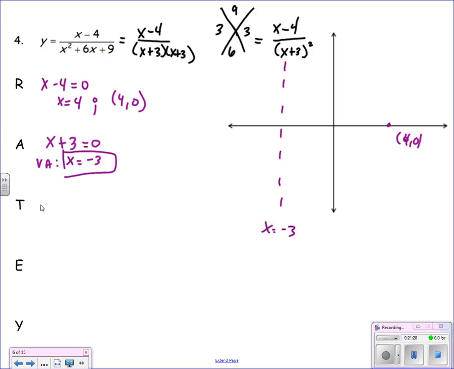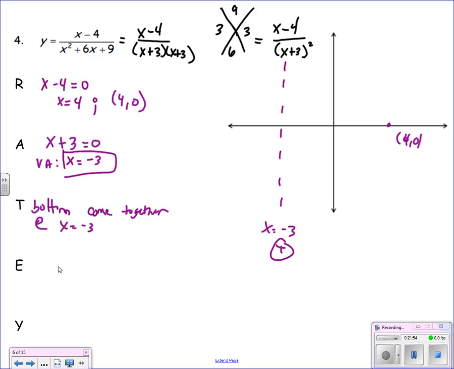And then T was for special squared terms. And when I rewrote it, x plus 3 had a power of 2 because it appeared twice. So it's on the bottom. Again, it's going to come together at x equals negative 3. So put a T to remind ourselves.